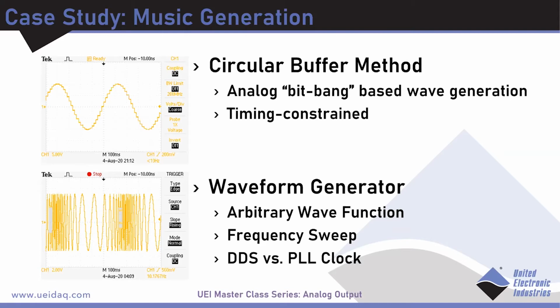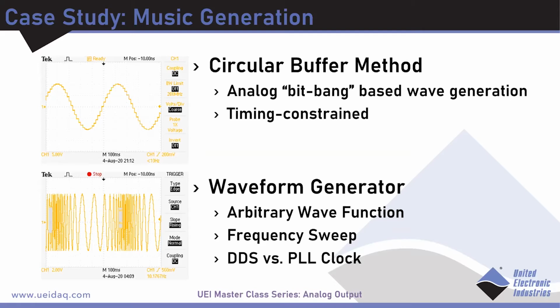There's a couple of other advantages to using a waveform generator, though. We also provide frequency sweep, which is the oscilloscope capture on the bottom left. And this, again, would be very difficult if you were to use the analog bit bang method, because you'd have to calculate the exact point of the wave during the sweep. Our waveform generator can just do it natively.